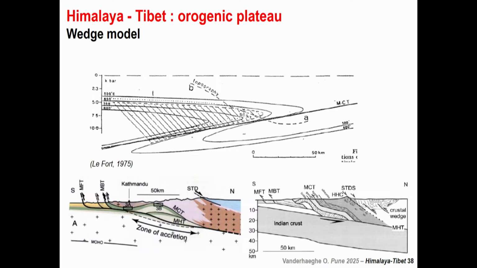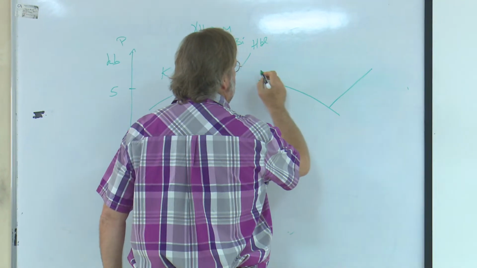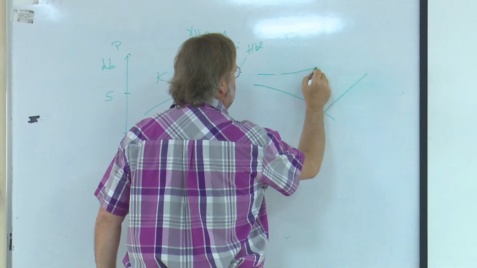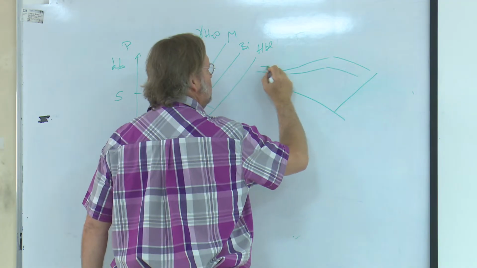And the other underlying idea here is that there is an equilibrium between plate tectonic force and gravity. That's the shovel. So at first, the wedge goes like this, goes like that.